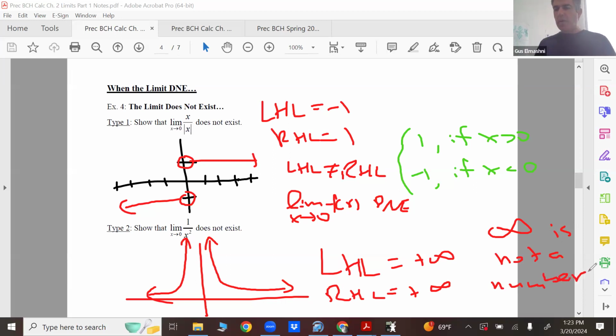So we say that doesn't exist as well. So the limit as x approaches 0 of 1 over x squared does not exist.